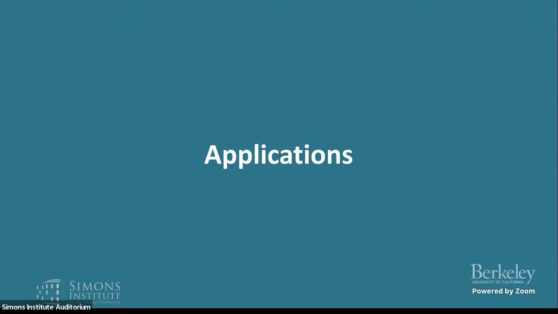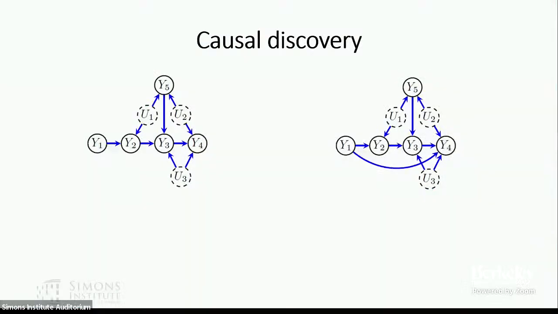Okay, so now let me talk about some applications of this result. The first one is about causal discovery. So let's say that we observe the data distribution, a distribution over the observed variables, all the y's, and our causal hypothesis is that the observed data distribution is described by one of these DAGs.